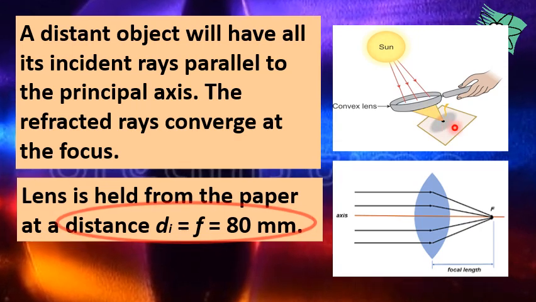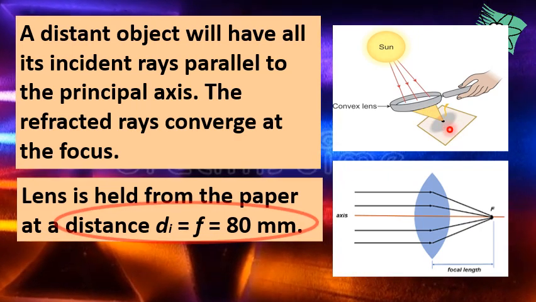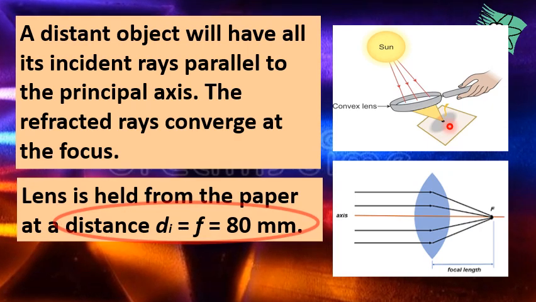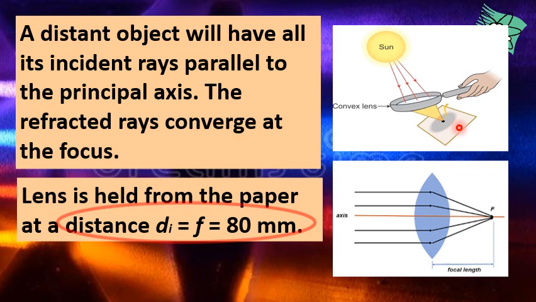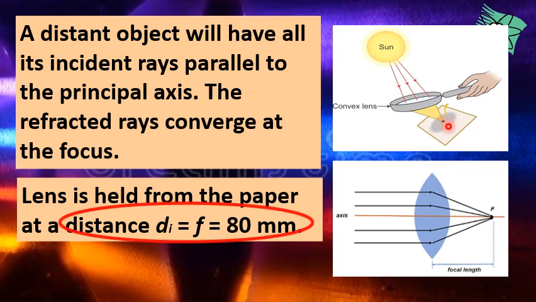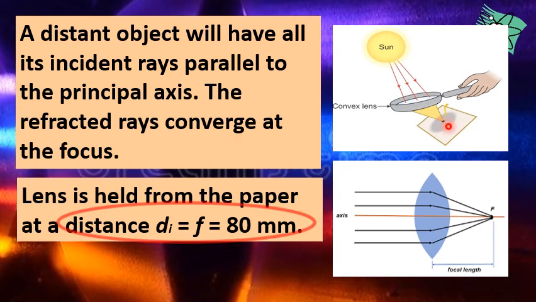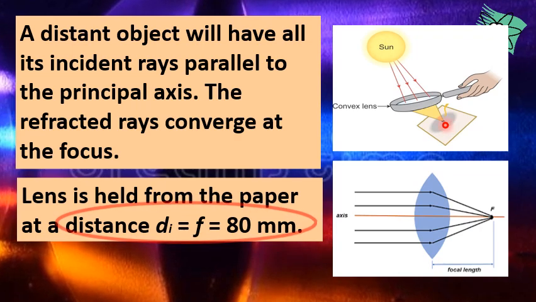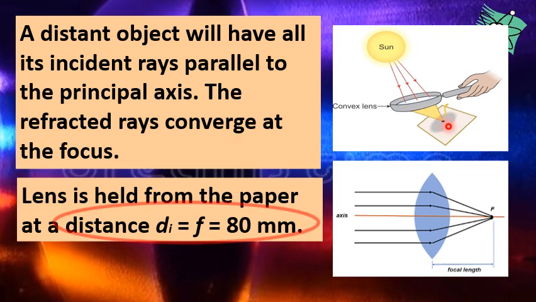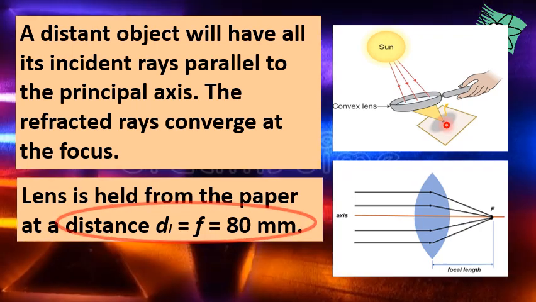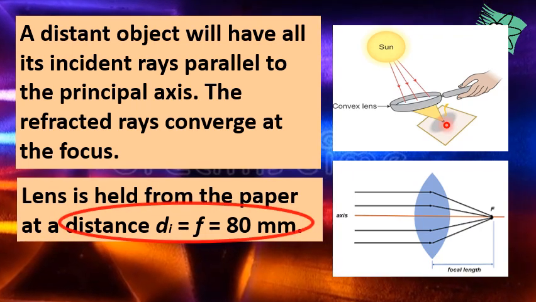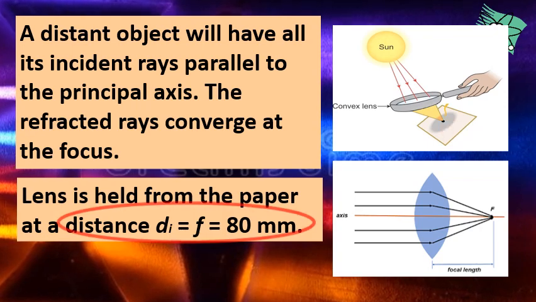The paper might ignite because of the concentrated rays of the sun, exactly where the paper is located. Okay, the energy of the sun is concentrated exactly at the focus, so the paper can easily be ignited.